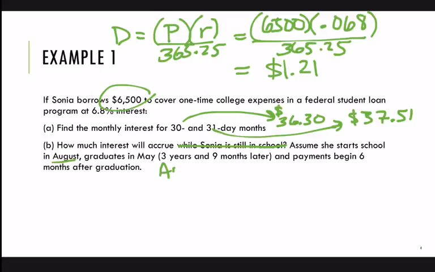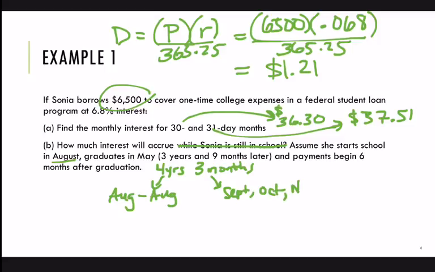So basically we've gone 4 years and 3 months, since 3 years and 9 months plus 6 months is 4 years and 3 months. Those 4 years, we're counting as end of August to end of August. Then the 3 months beyond that would be September, October, and November.